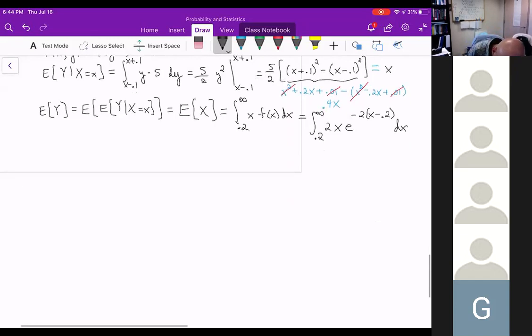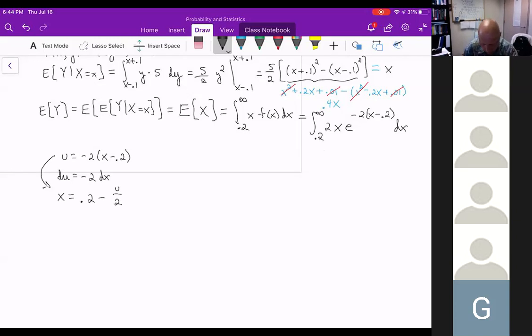And I'm going to let u equal -2 times x minus 0.2, which means du is going to be -2 dx. And this part implies that x, if I solve for x, is going to be 0.2 minus u over 2.